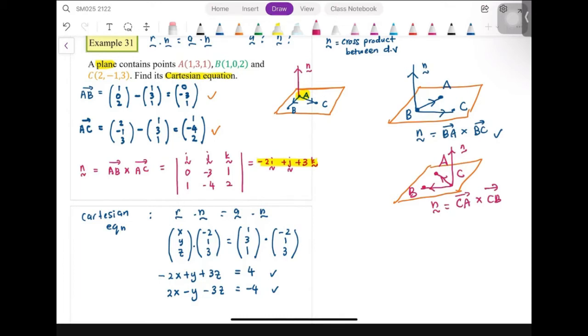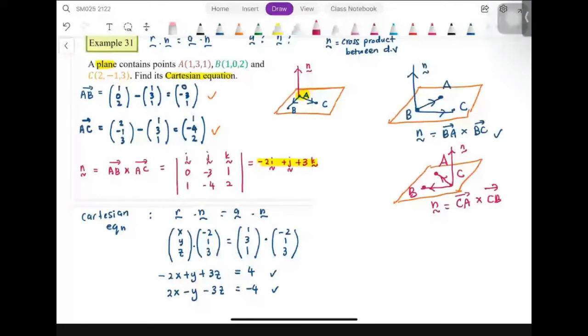Alright, settle with the direction vectors. After that, perform the cross product to obtain our normal vector. The most important thing to remember: it must be direction vectors. Don't cross the points, like A cross C, A cross B. That is not allowed. After that, since the question asks for the Cartesian equation, substitute in one by one. You get the answer. Done.